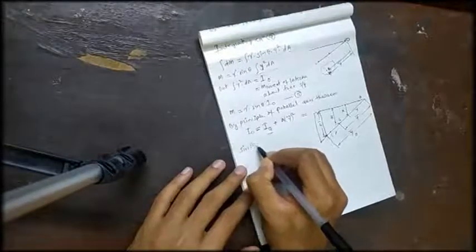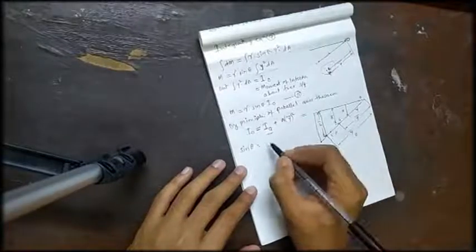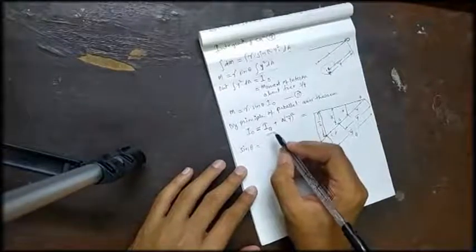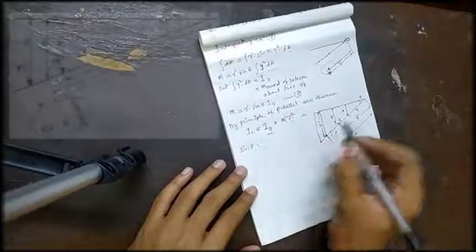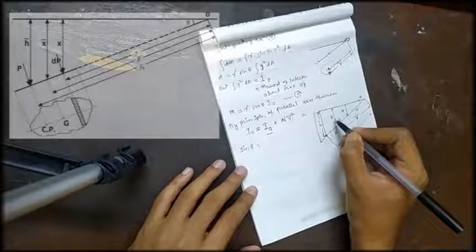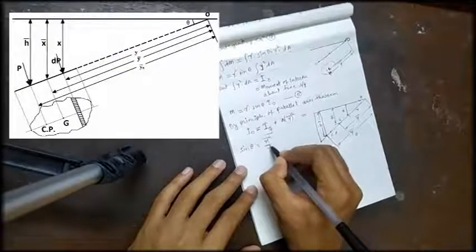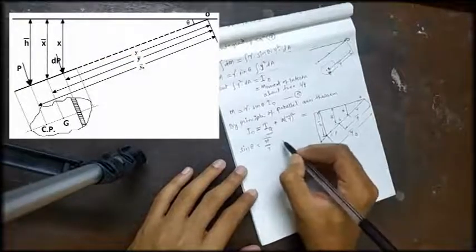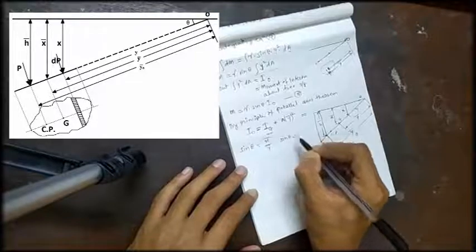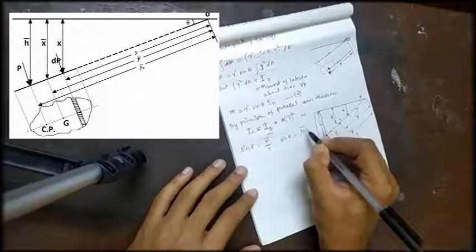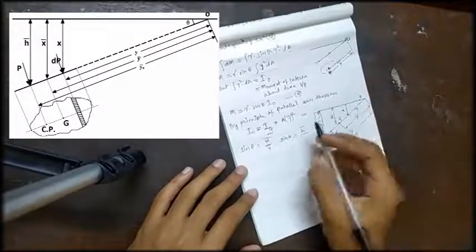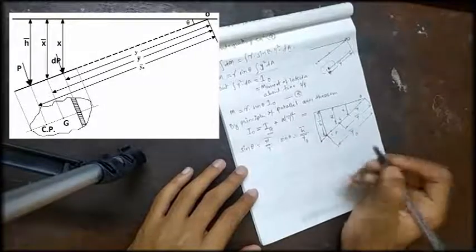Now sine of theta for this bigger triangle, so we can write it is sine of theta for this triangle now. So it is x bar upon y bar, okay, and similarly sine of theta is equal to h bar upon this yo bar, okay.